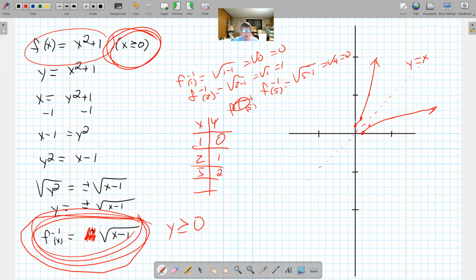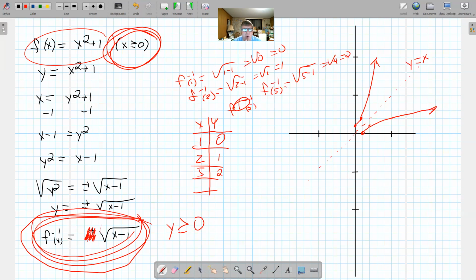Okay, so in review, if a function is a one-to-one function, its graph not only passes the vertical line test, showing that it's a function, but it also passes the horizontal line test, showing that it's one-to-one.